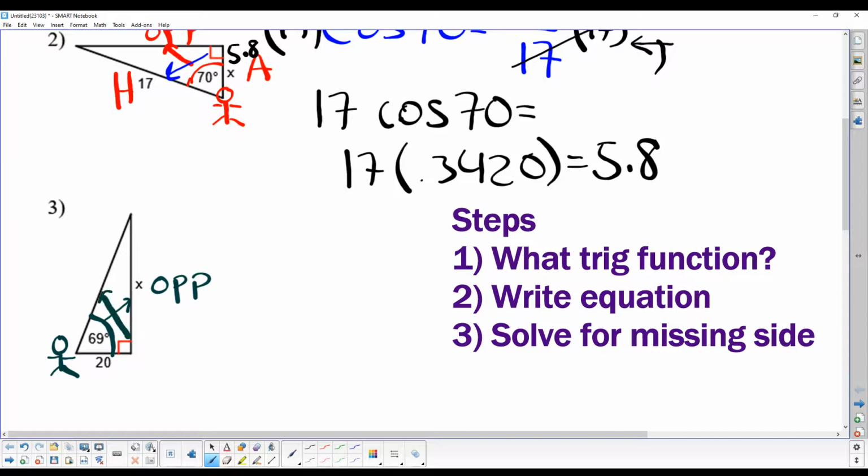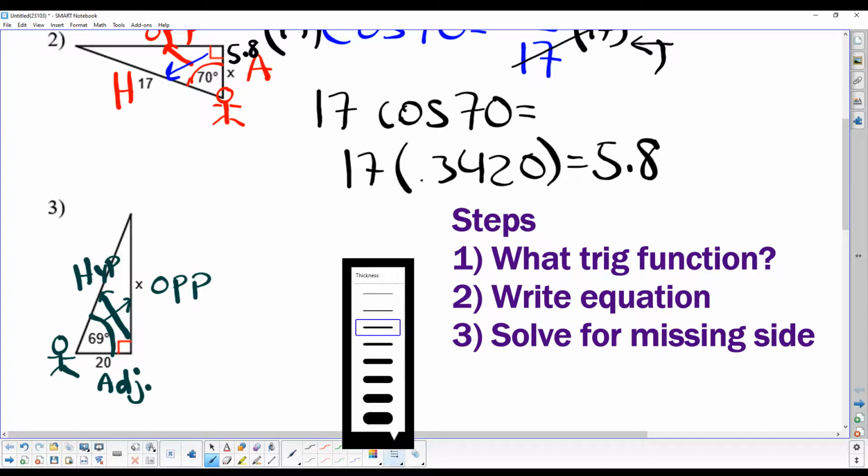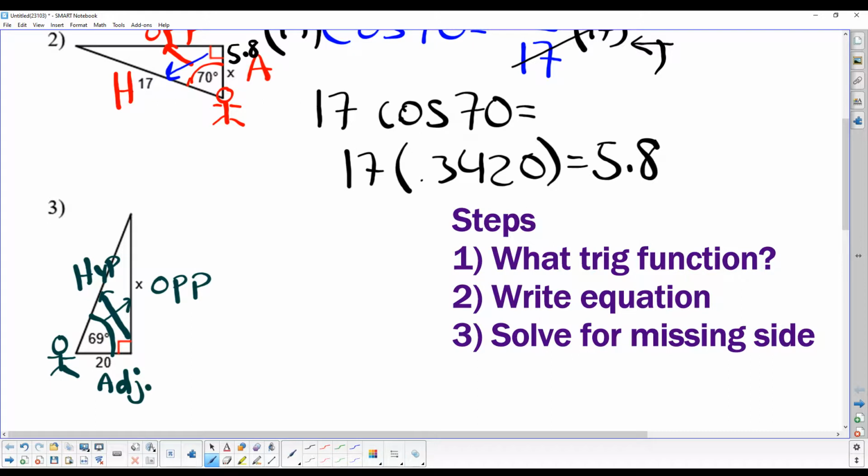My hypotenuse is here. I'm not using the hypotenuse. I'm using the adjacent and the opposite. Well, that's tangent. The tangent of 69 degrees equals the opposite over the adjacent.